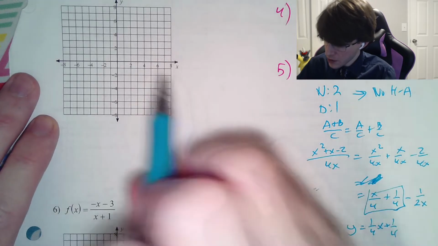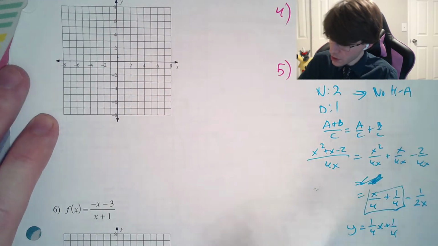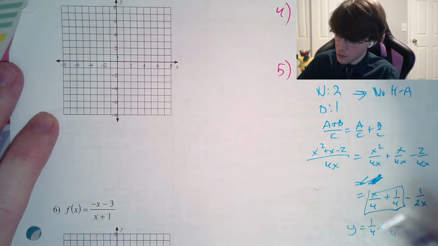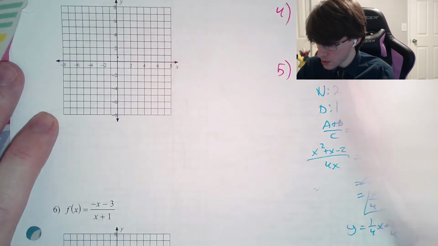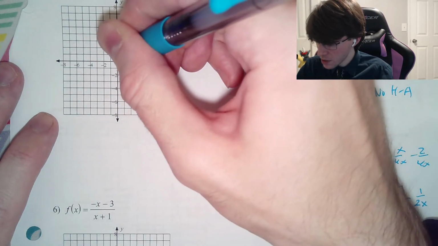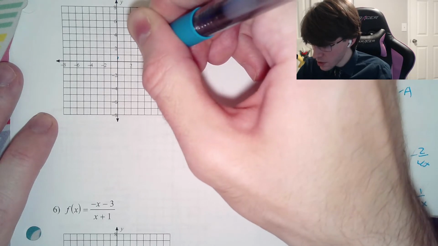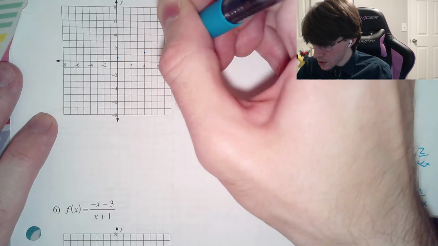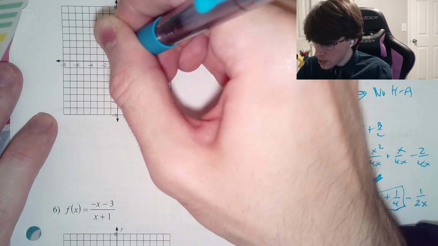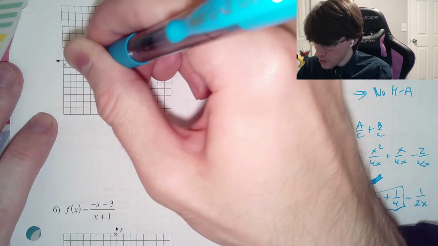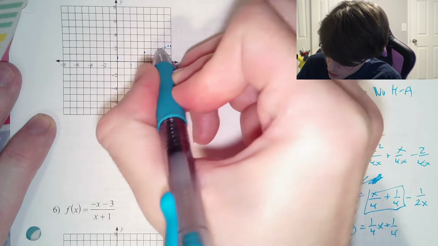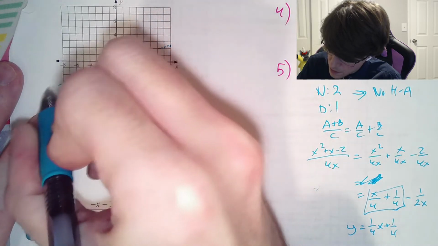So we start off at this 1 over 4 point, and we are going up 1, to the right 4, up 1, to the right 4. So we're starting off here, up 1 to the right 4, and then up 1 to the right 4, maybe down 1 and to the left 4. So your end behavior is going to be this line here.